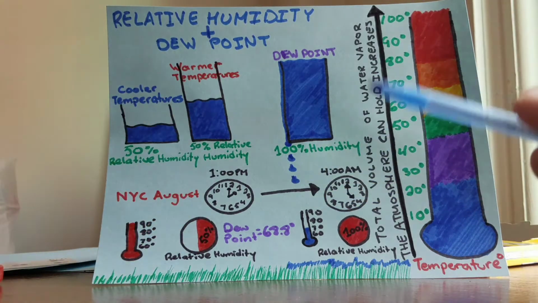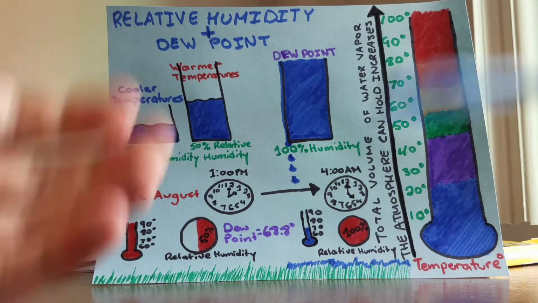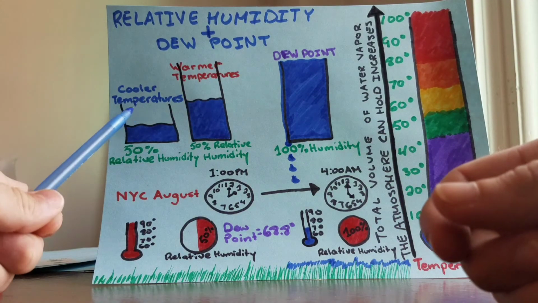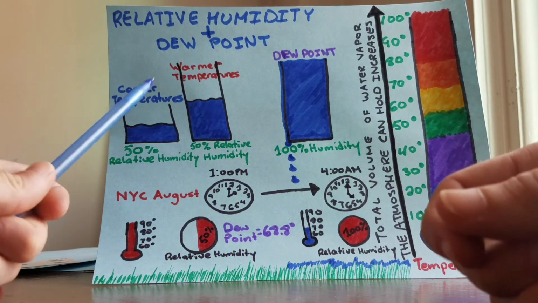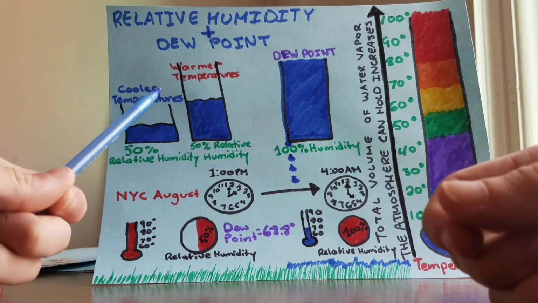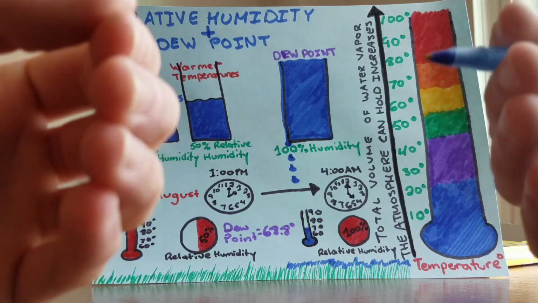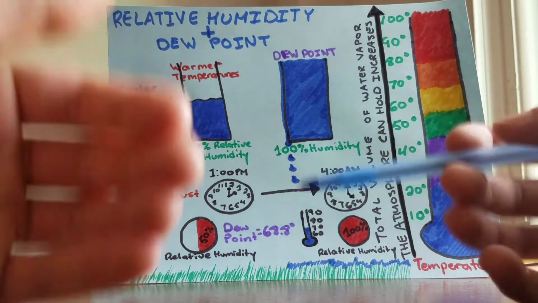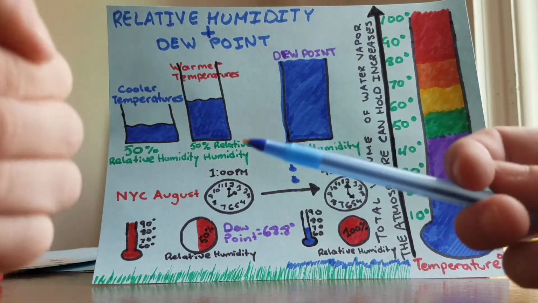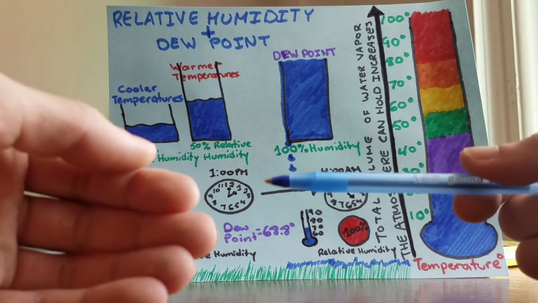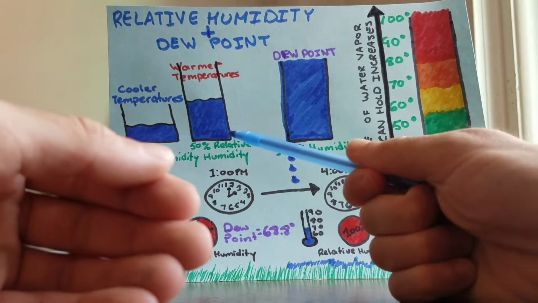When does the atmosphere hit that point when it can't hold any more water? Okay, so as I just showed you right here in a visual diagram, these are 2 glasses. They're both at 50% capacity. That means that they're both at 50% relative humidity, relative to how much actual volume of water both of these glasses can hold. Okay, they're both at 50%.